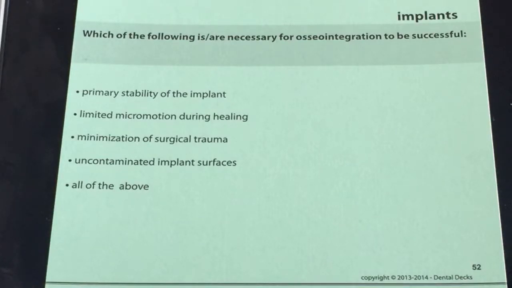Primary stability of the implant, limited micromotion during healing, minimization of surgical trauma, uncontaminated implant surfaces, or all of the above. All of the above.